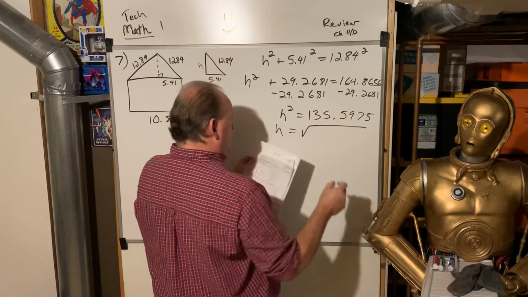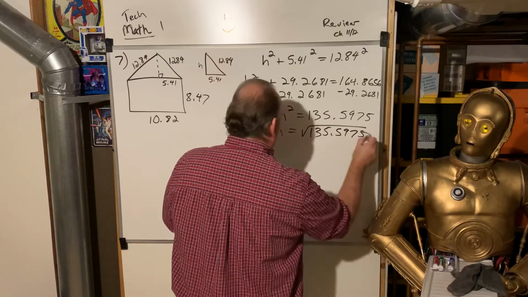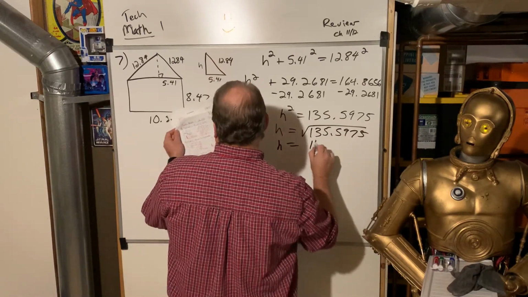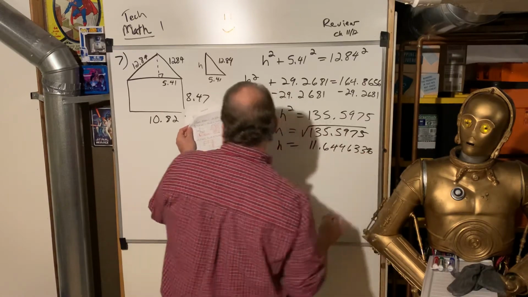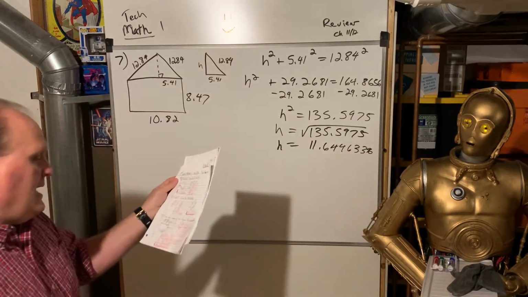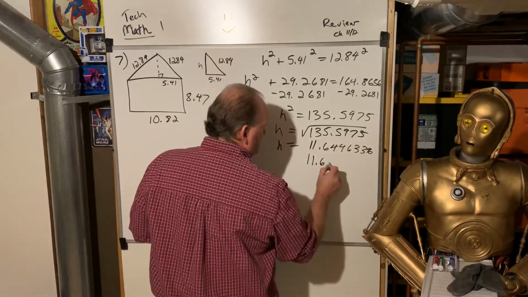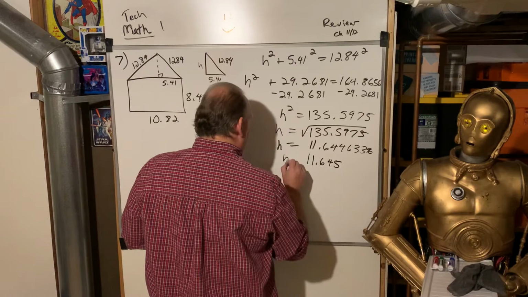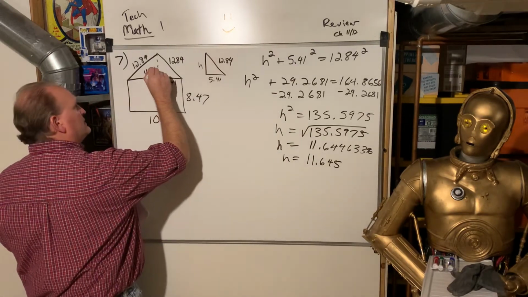All right, so we take the square root of that, and we get 11.644633996. And so we'll take that out 3 places. We'll call it 11.645 for the height. So now let's go back here. We'll put in the 11.645.